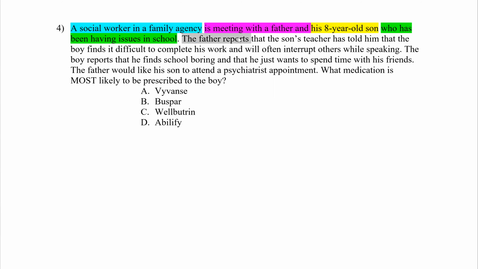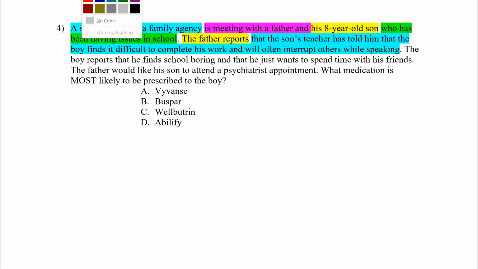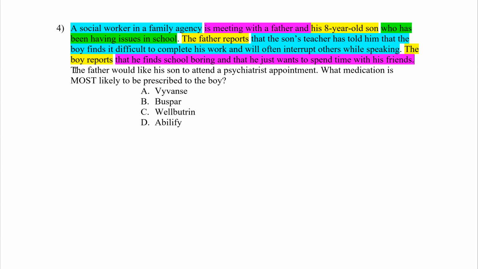The father reports, so not our client, but somebody accompanying him, says that the son's teacher told him that the boy finds it difficult to complete his work and he's often interrupting others while speaking. The boy reports, so our client says that he finds school boring and just wants to spend time with his friends. And the father would like to have his son attend a psychiatrist appointment.